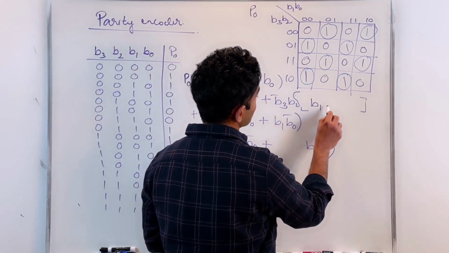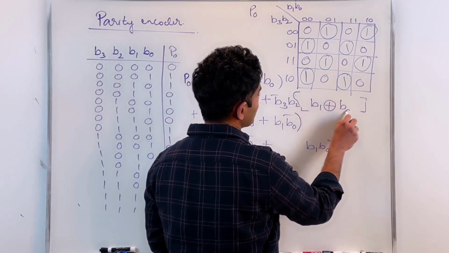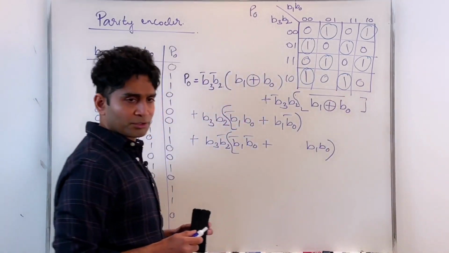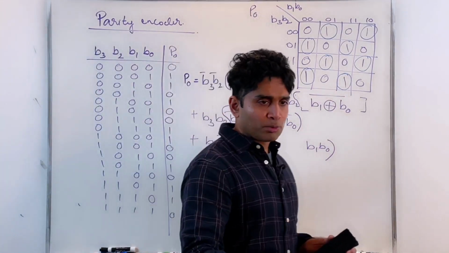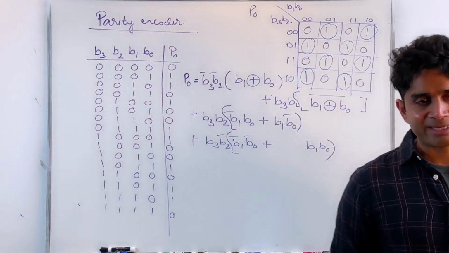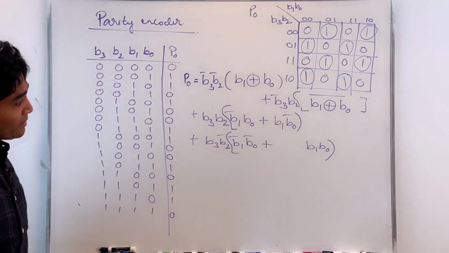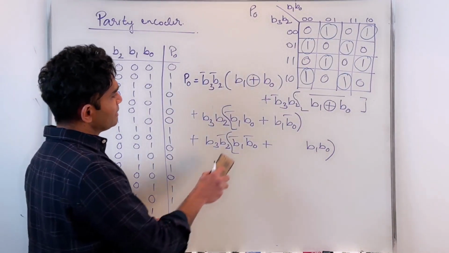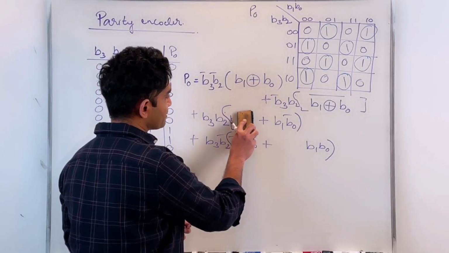So I will write the XNOR operation as an inverted version of XOR, right? Because XNOR is nothing but inverting the output of an XOR gate. So let me write that in terms of the XOR operation. Again, same thing here. B1 prime B0 plus B1 B0 prime would be an XOR between B1 and B0.